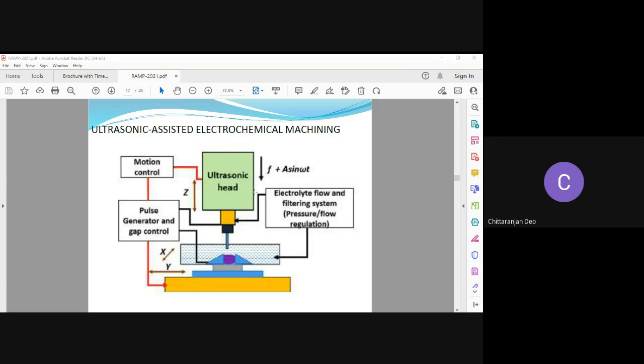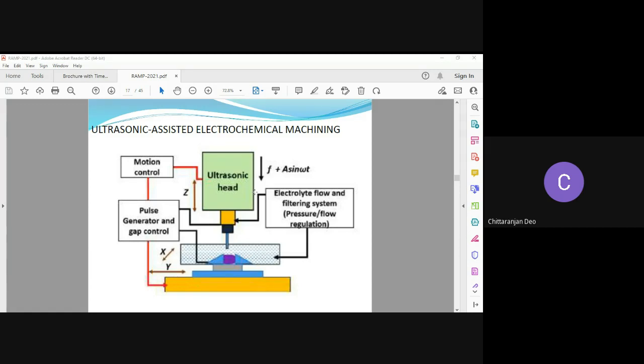One of the important phenomena in ultrasonic assisted electrochemical machining is transient cavitation and microbubble generation. The ultrasonic vibration leads to cavitation microbubbles near the surface of the tool and the workpiece electrode, and the gap condition favors their growth.